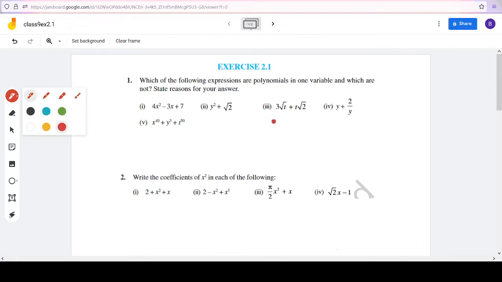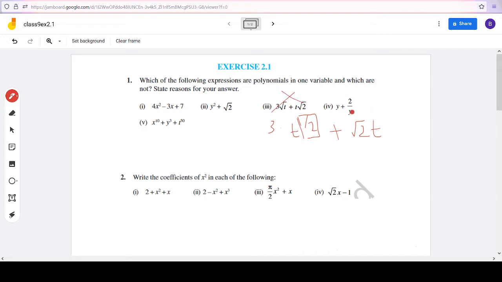I can write this expression as 3 into t power half plus root 2 into t. The power is not an integer, as you can very clearly observe, but it is a rational number. So this is not a polynomial at all.